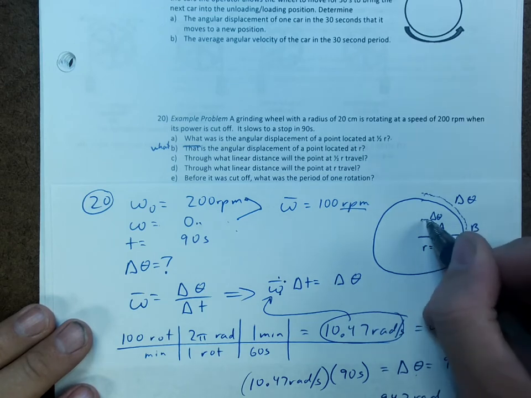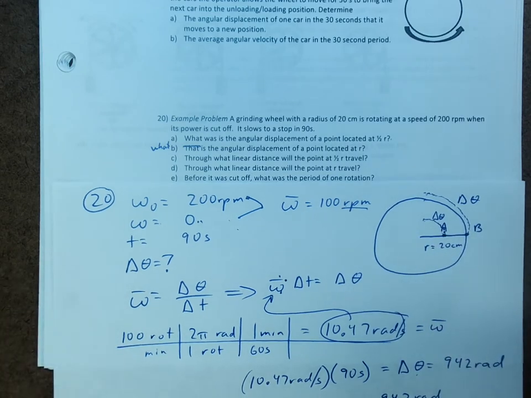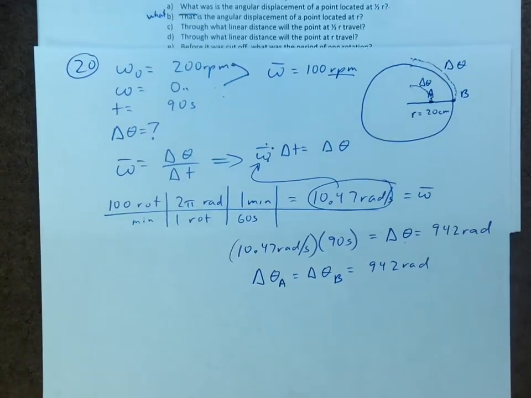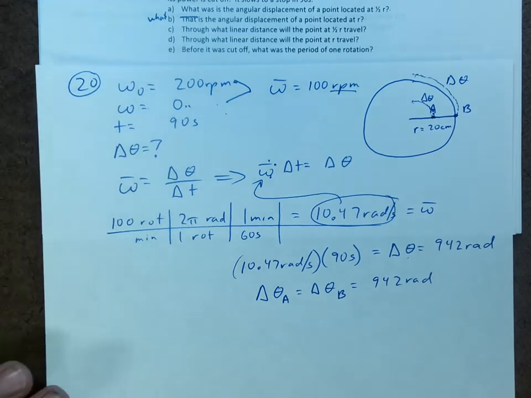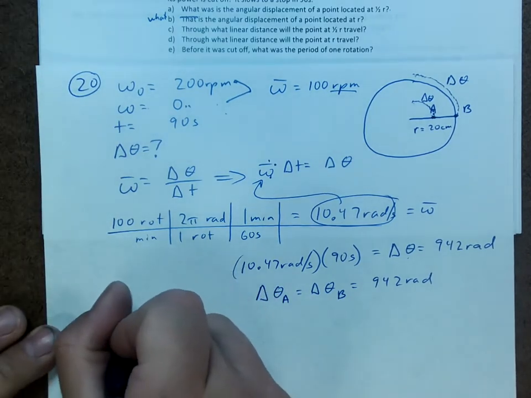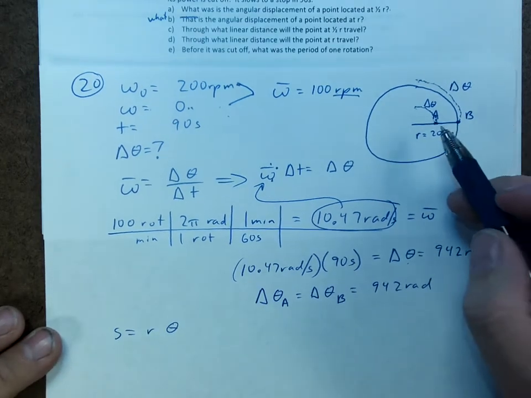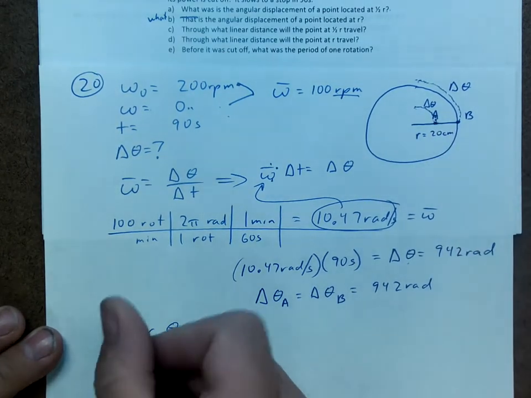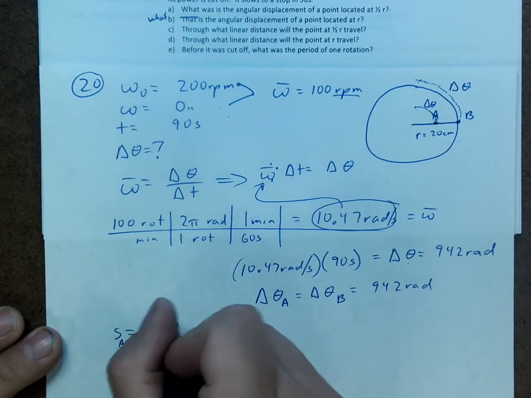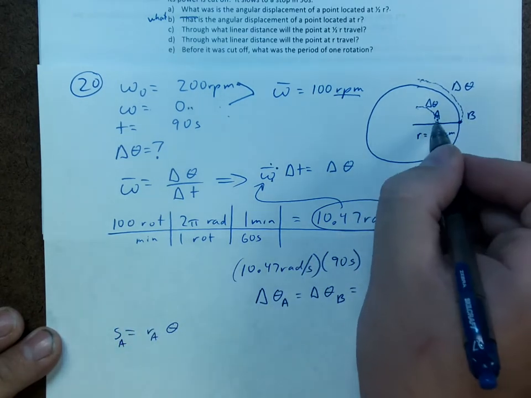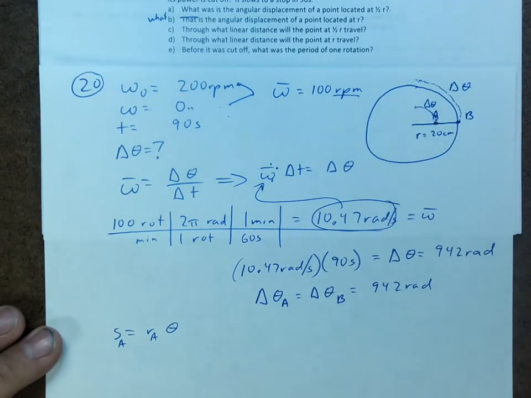And in fact, we have a way of finding arc length. Our formula for arc length is S equals R theta. So if I want to find the arc length for A, I'm going to use the radius at point A and multiply it by the theta, or the angle at which it moves through.